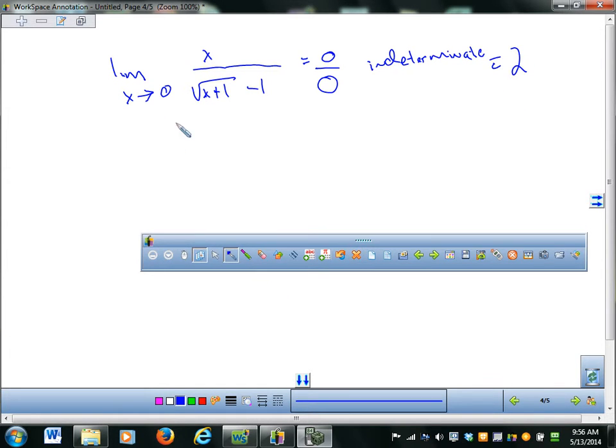If I plug in 0.01 and 0.001, even if I plug in 0, I'm going to get that error again. But if I get very close to 0, I end up getting 2. And algebraically, tomorrow we'll learn algebraic techniques. Hopefully I'll remember my notes for finding limits like that.